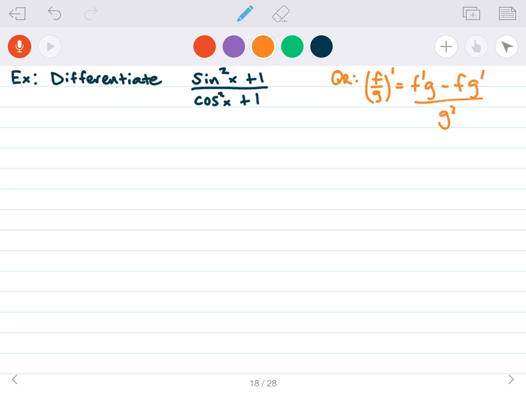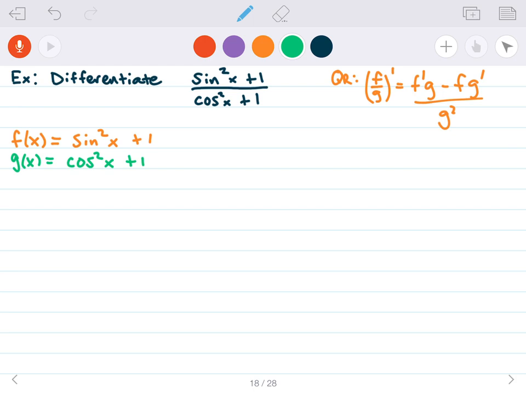First of all, I know that f of x is going to be sine squared of x plus 1, and g of x in this case is cosine squared x plus 1.